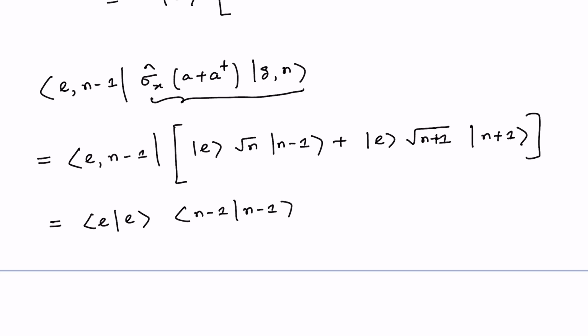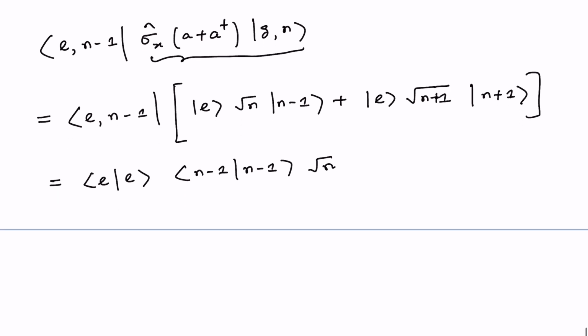We have a square root n also there, that's a number. So I have this from the first part, and from the second part I have the scalar product of e, and the scalar product of n minus 1 and n plus 1, and then multiplied by this number square root of n plus 1.